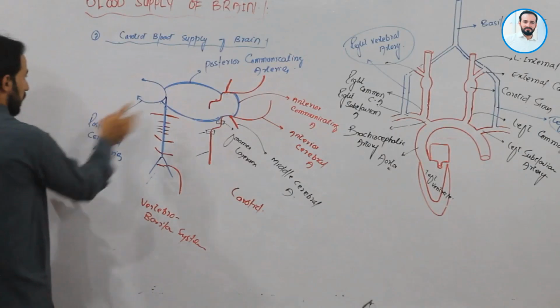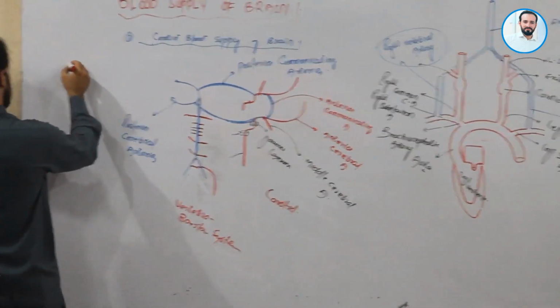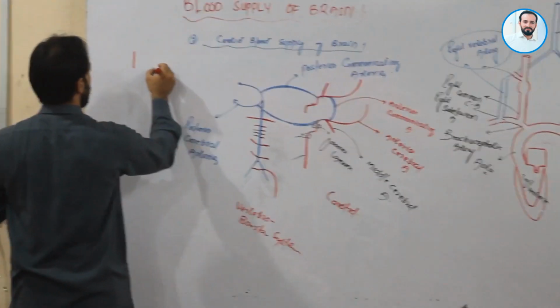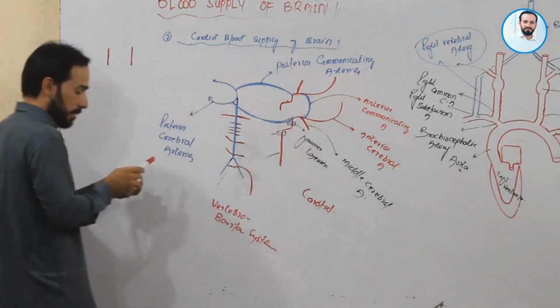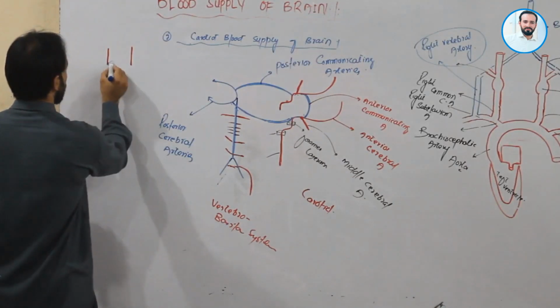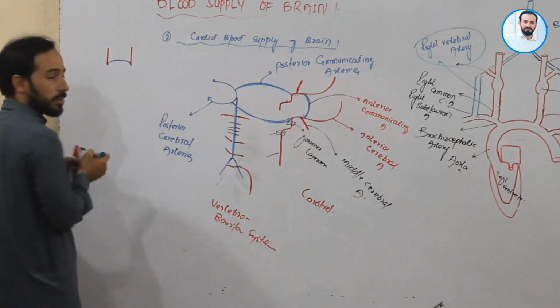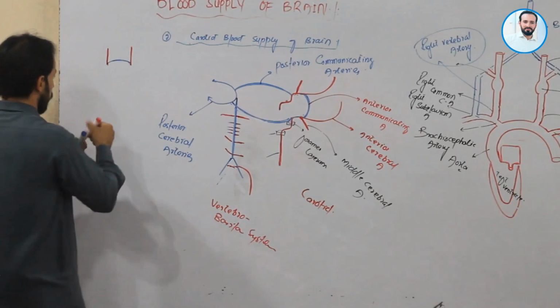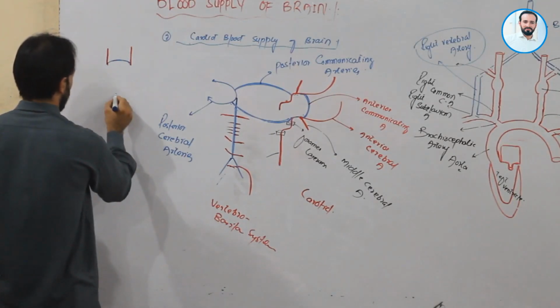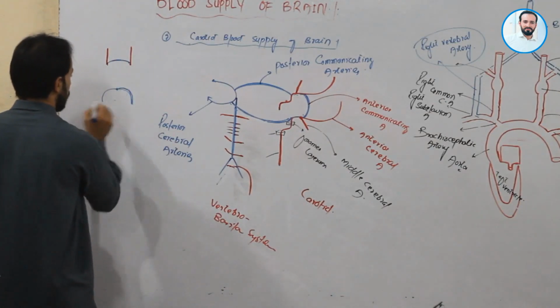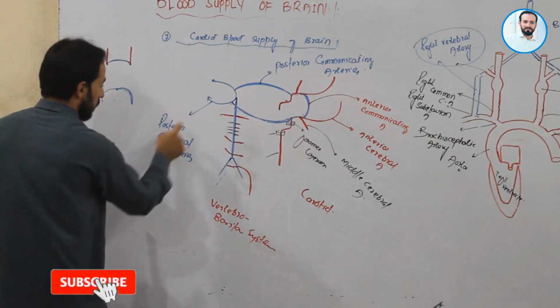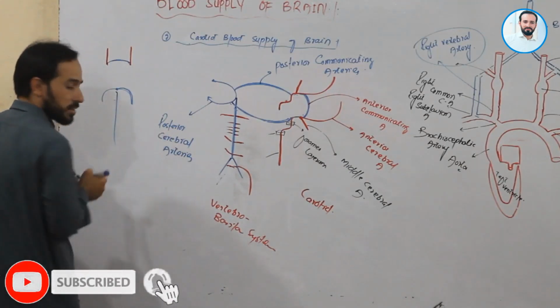Now look here, I will show this circle. This is our anterior cerebral artery, this right and left, these two anterior cerebral arteries. Now both of them are communicated through the anterior communicating artery. Clear friends? Okay, here was our basilar artery, and this artery was bifurcating into two arteries, and these two arteries are called the posterior cerebral arteries, right?